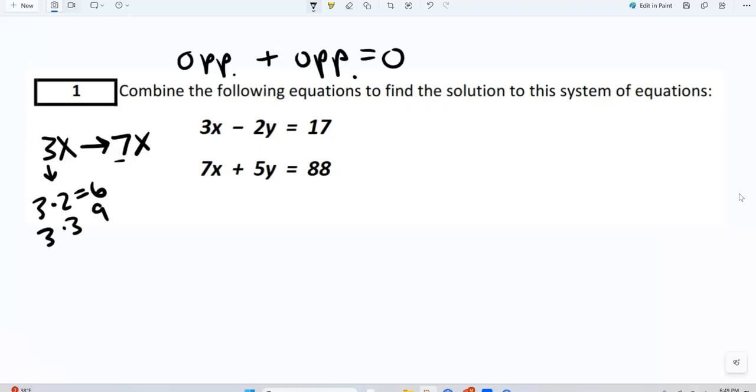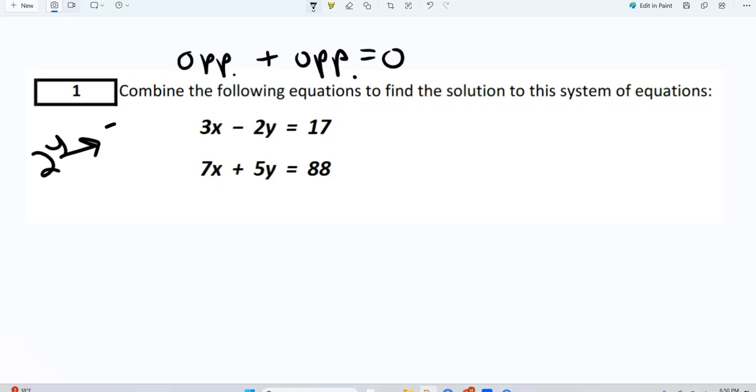Maybe that's easier. Let me erase this real quick. Maybe I can take this 2y and turn it into 5y.